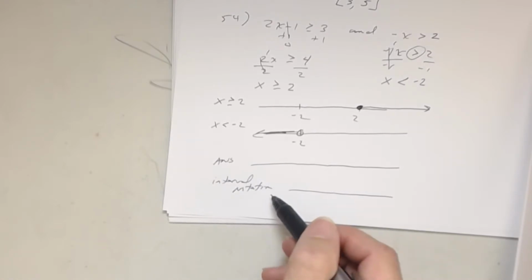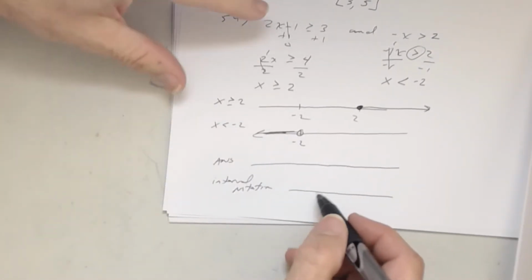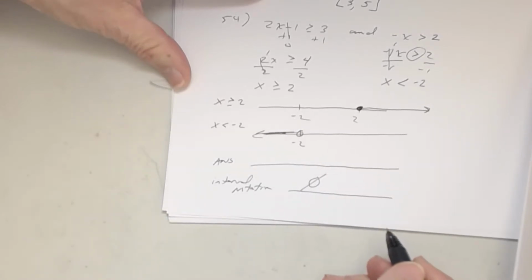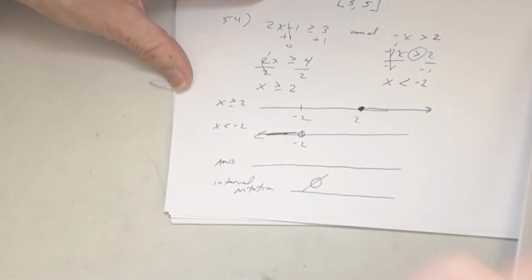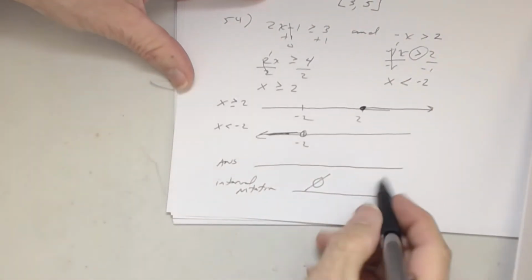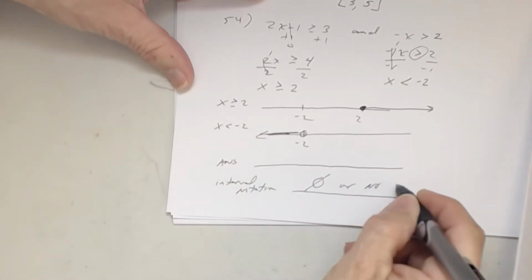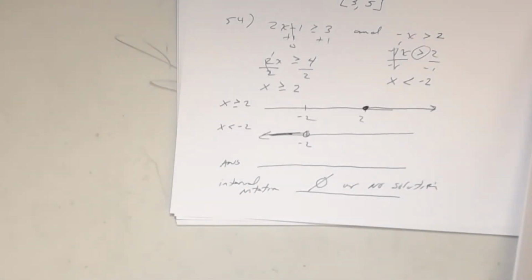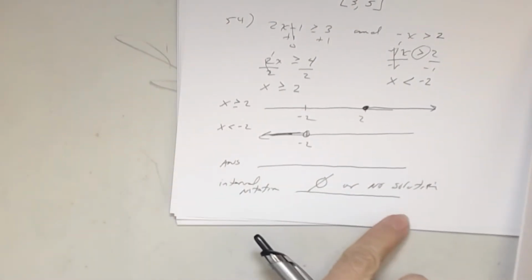But on the interval notation, I need for you to put something. So you're going to put either the empty set, which is this circle with a slash through it, or you can say what? No solution. You put no solution on the test, that would be correct. Either this or this.